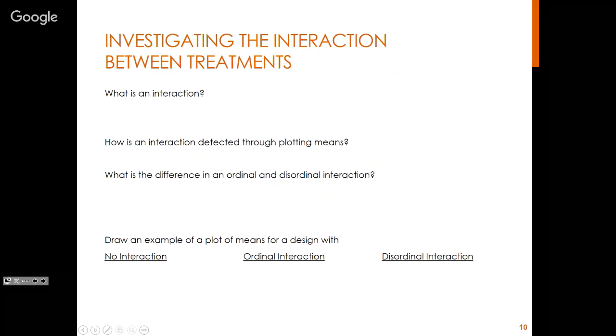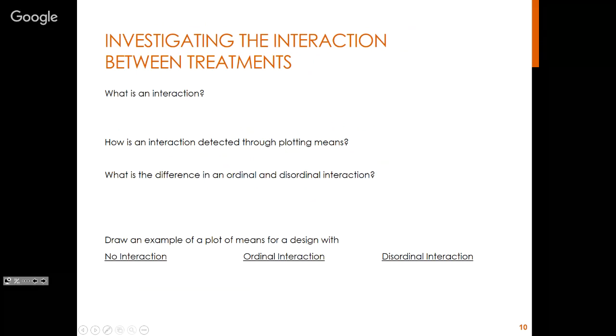So can you describe for me what is an interaction? Interaction implies that the effects at a specific level of treatment A across levels of treatment B are different than the effects at another level of treatment A across the levels of treatment B. Good.